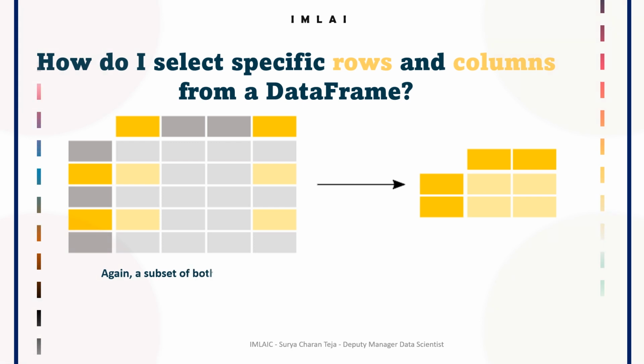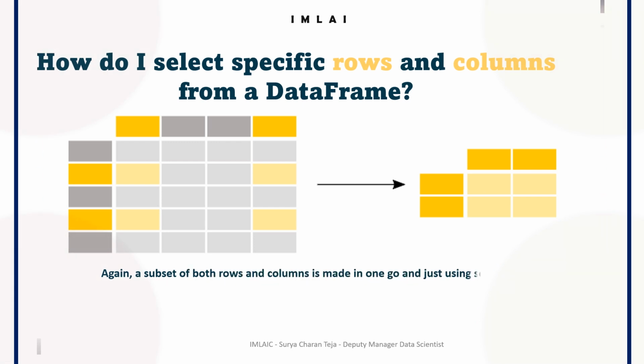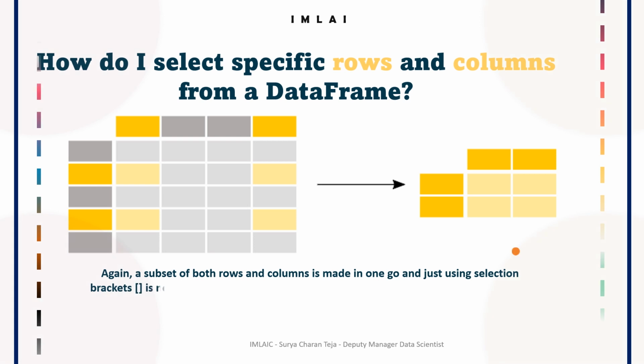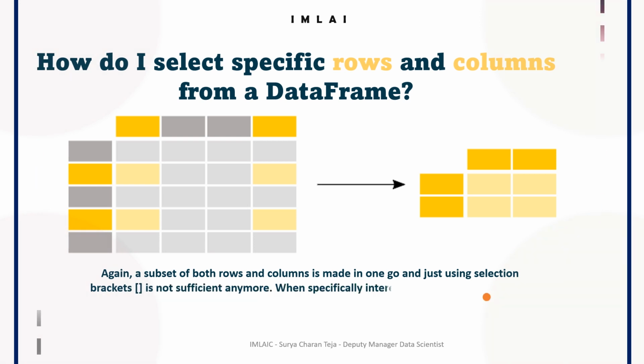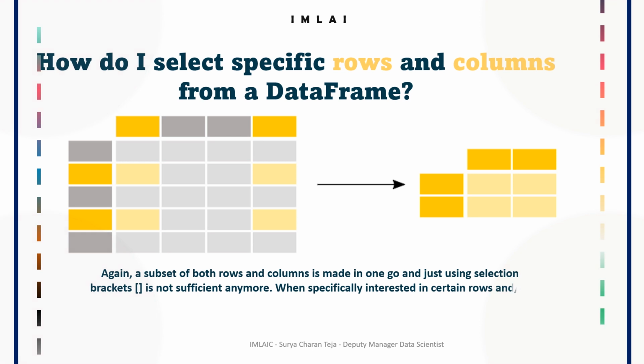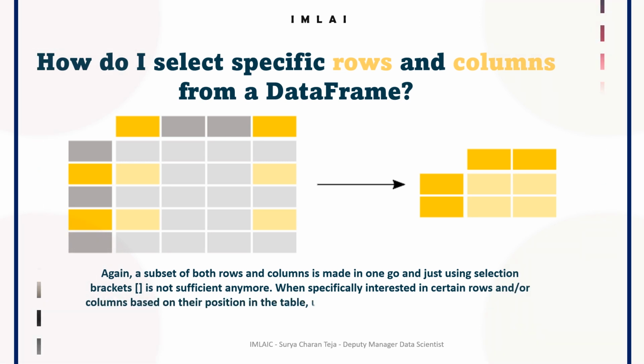To get a subset which consists of both rows and columns, made in one go, just using selection brackets is not sufficient anymore, because there are a lot of complexities involved in this.